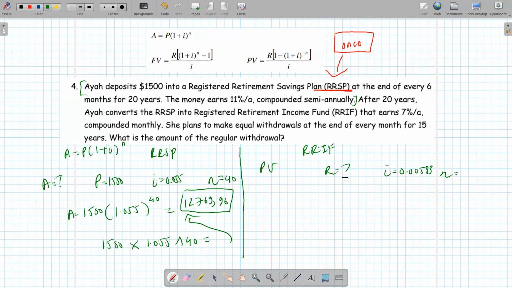Yeah, R is the unknown. What's PV and what is n? n is 180. Yes. What about PV?